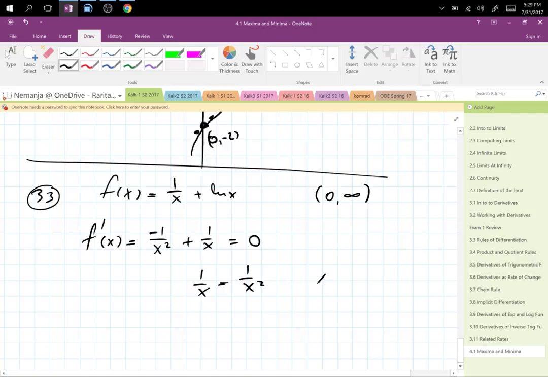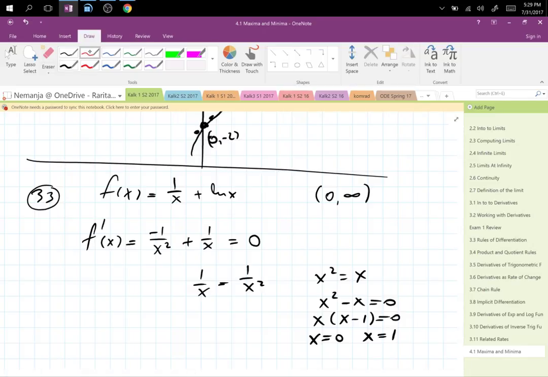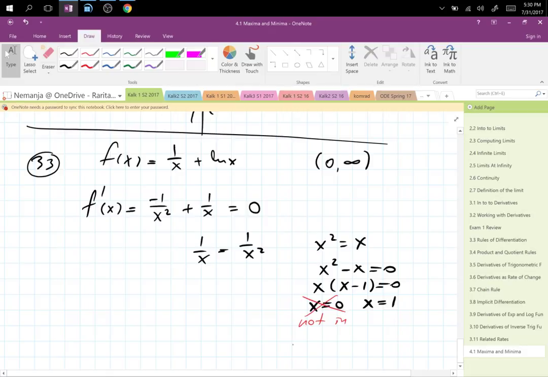When you cross multiply, you get x squared equals x. When you move everything to the same side and factor out x, you get x equals 0 and x equals 1. You get to cross out x equals 0 because it's not in the domain. And we end up with one critical number.